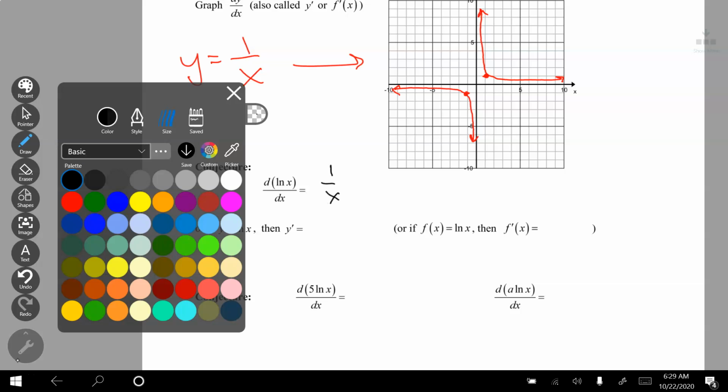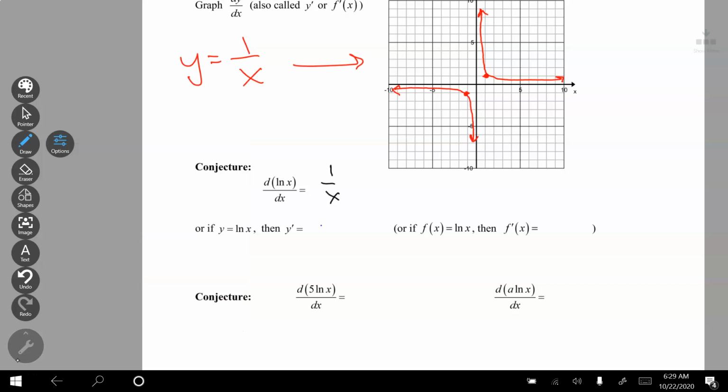We call it y prime is 1 over x, or dy or f prime is 1 over x. And if you put a coefficient up front, it doesn't really change. It's just going to be 5 times 1 over x, which is 5 over x. And this would be a over x. So this is a new derivative that we have learned, taking the derivative of the natural log of x.